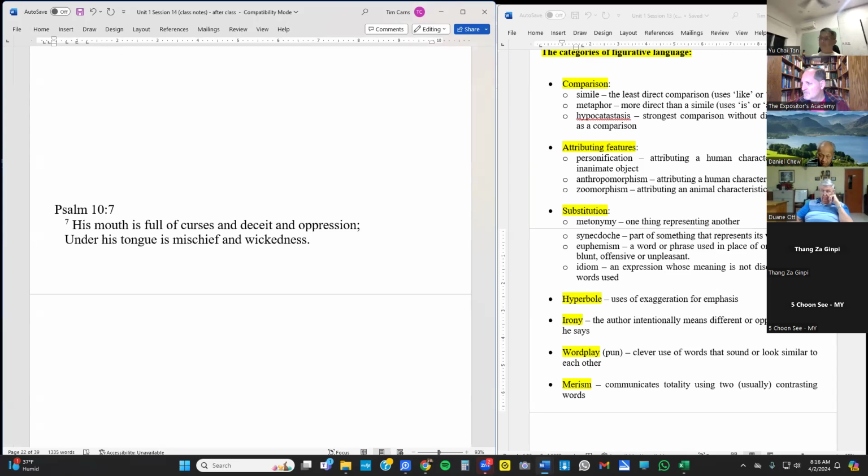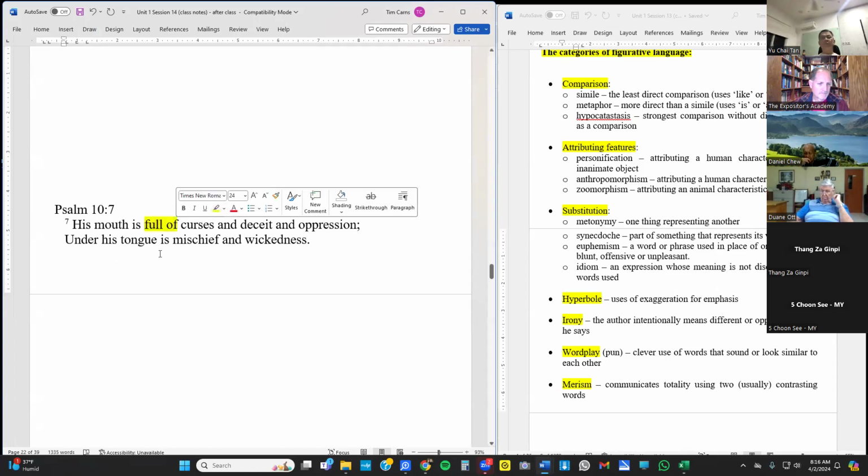So I think metaphor. Okay, is something being compared here? He's comparing his mouth, but he's saying it's full of curses. Yeah, full of curses. Full. What might that be?